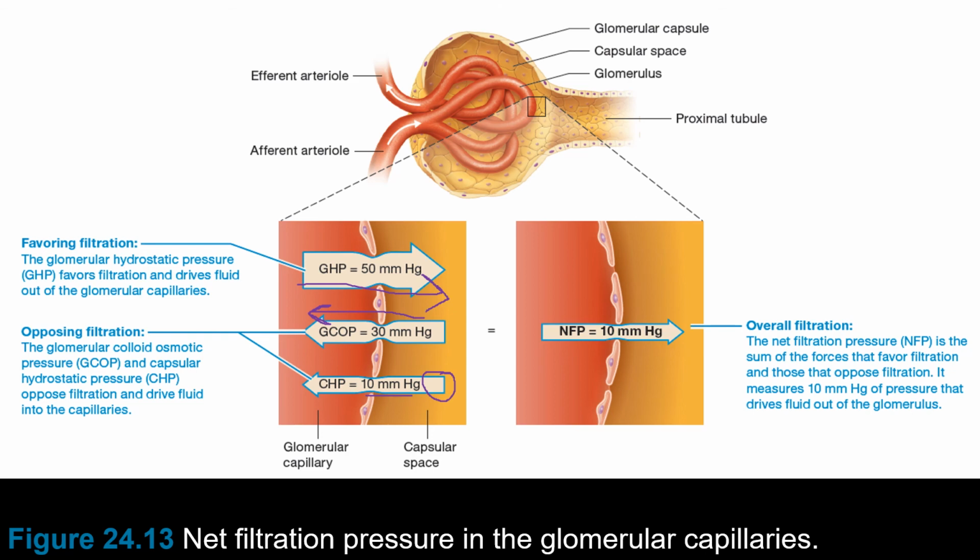As you pull open that plug, it's only draining as fast as gravity will let it. But this water is going to keep pushing in, so there's going to be a little buildup. And the overall net pressure does tend to be 10 millimeters of mercury outside of the glomerulus into the capsule. So that filtration does tend to occur.